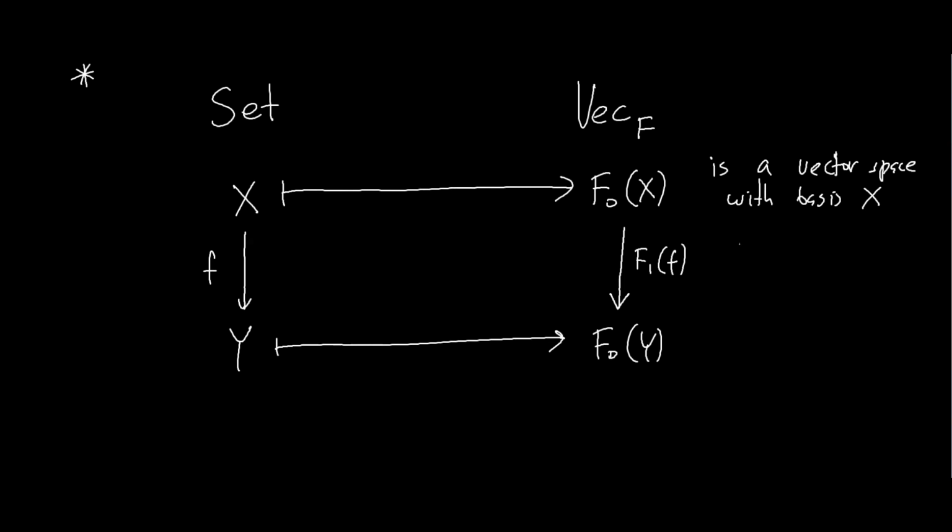So I need to first of all define this map. So I need to say what will happen if I apply this map to a linear combination. Let's say maybe I want to call my field R, so that I can use small r here for the linear combination.